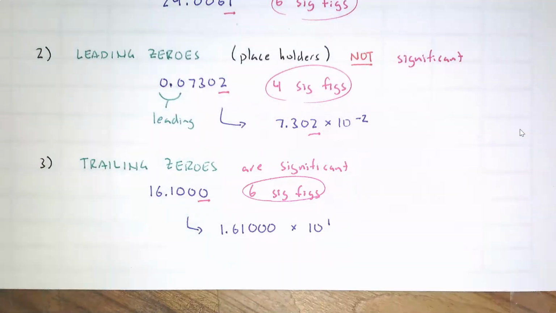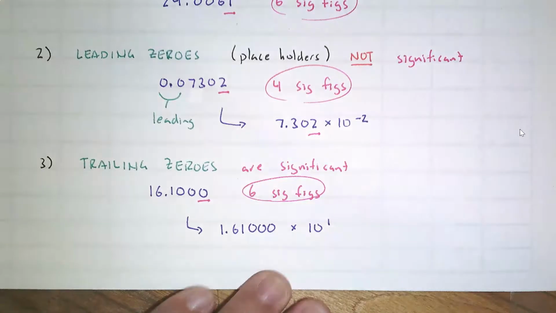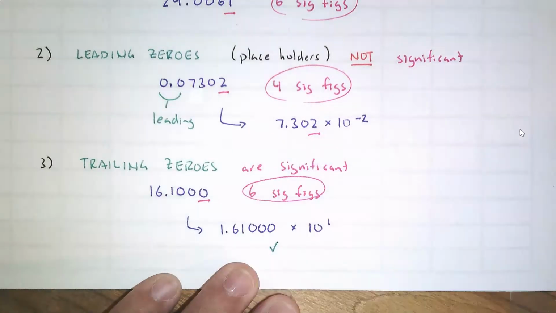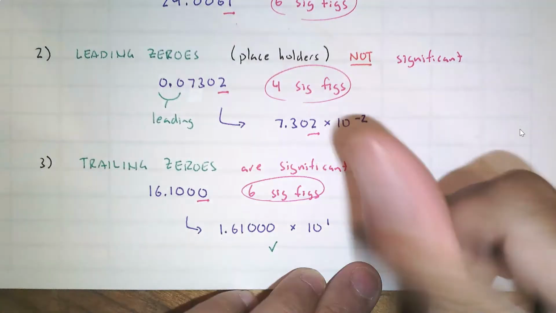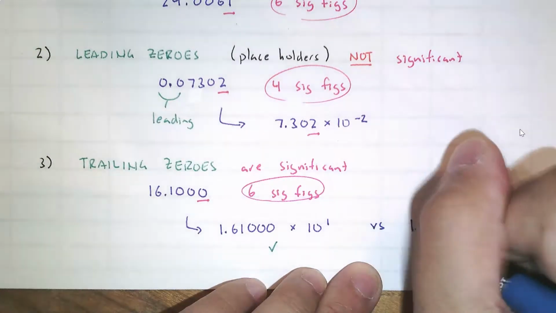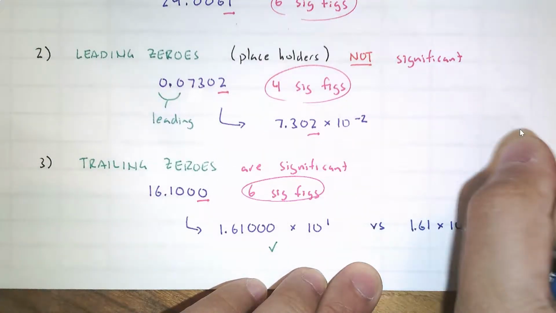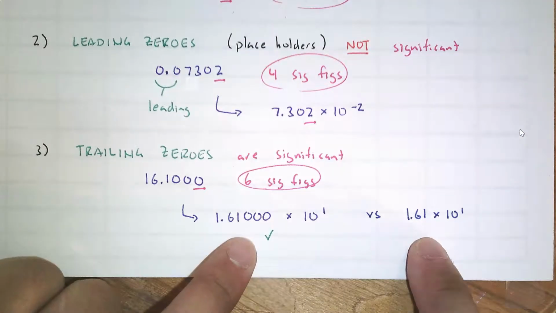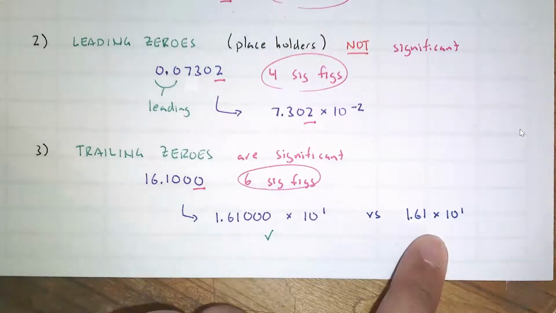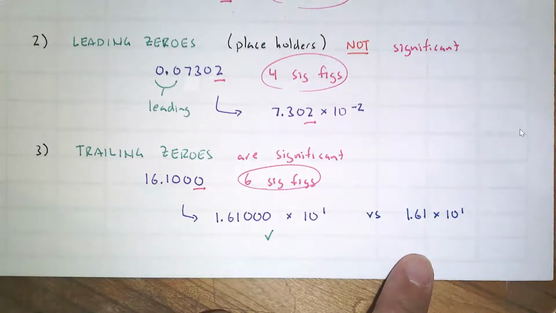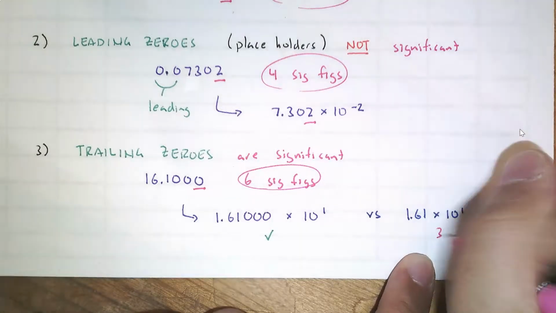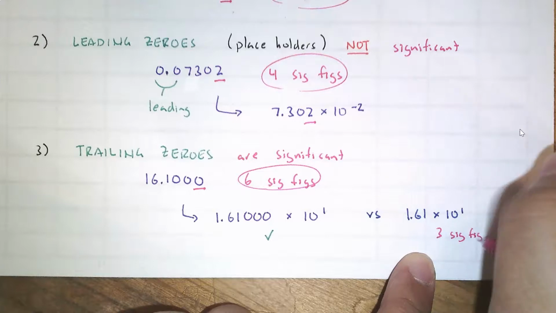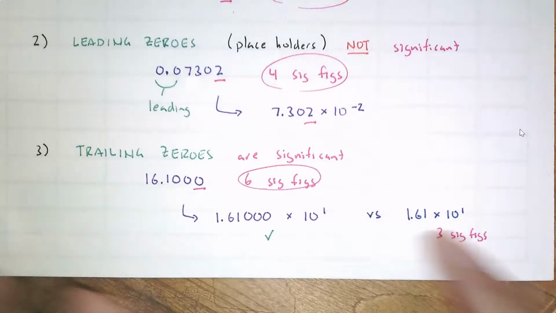Okay. So again, this is correct. And let's compare it to 1.61 times 10 to the 1. On the calculator, those two are identical. But by leaving out the zeros and showing that we only have 3 sig figs, 1, 2, 3, we are less certain.